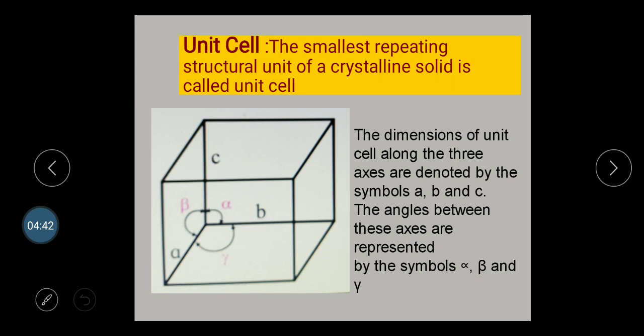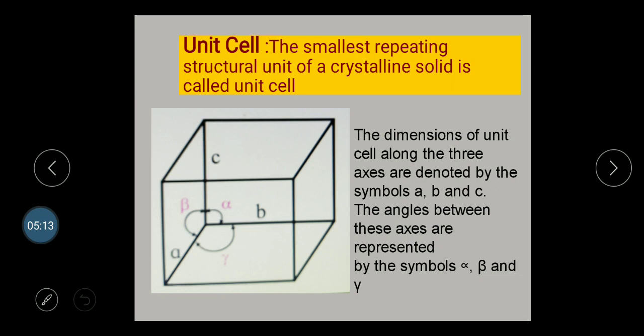This unit cell is represented by a cube, a cubic structure. Naturally, when I'm talking about a cubic structure, I'm talking about a three-dimensional structure, so I'm talking about x, y, and z axes. Here you can see the axes are denoted by the symbols a, b and c, and the angles between the axes are denoted by alpha, beta and gamma. It is not necessary that when we talk about x, y, z axes, they will all be 90 degrees only.